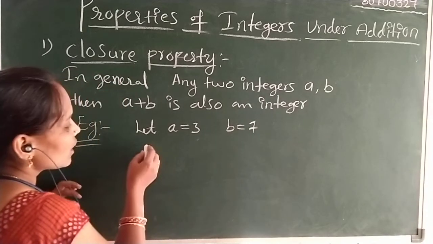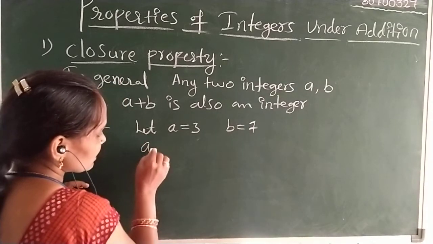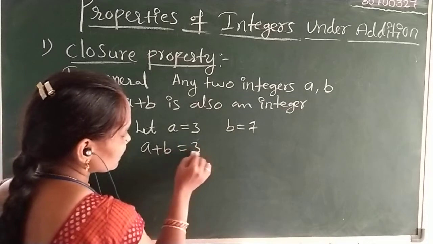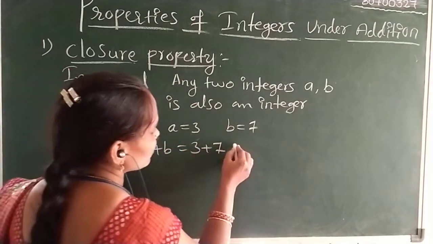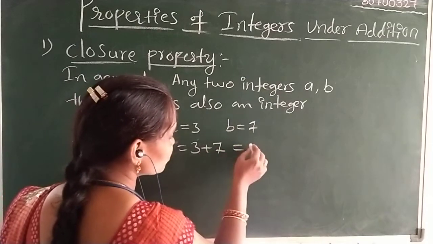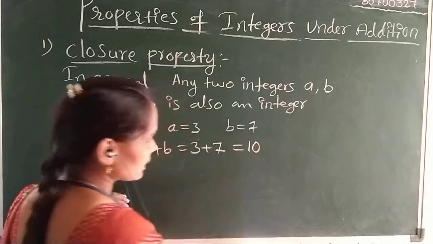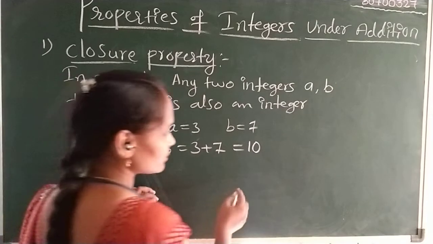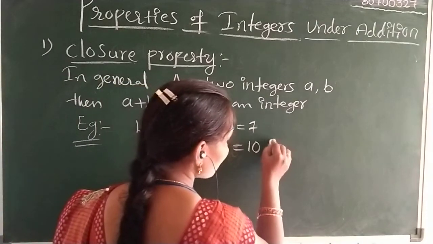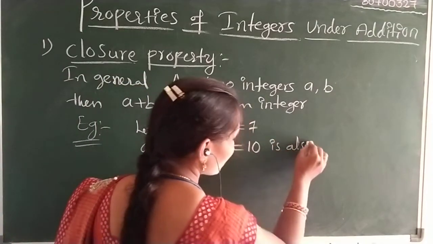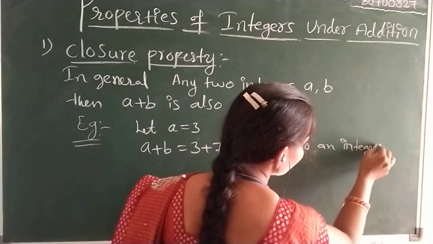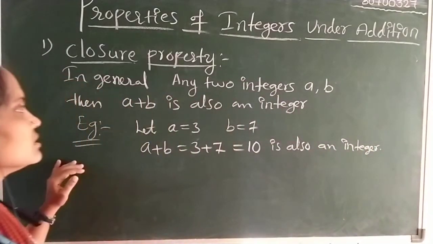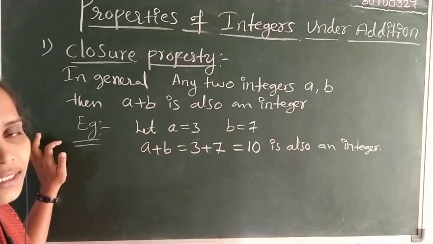Now if you do the addition, a plus b, 3 plus 7, you will get the answer 10. That sum 10 is also an integer. I hope you understood. This is closure property.